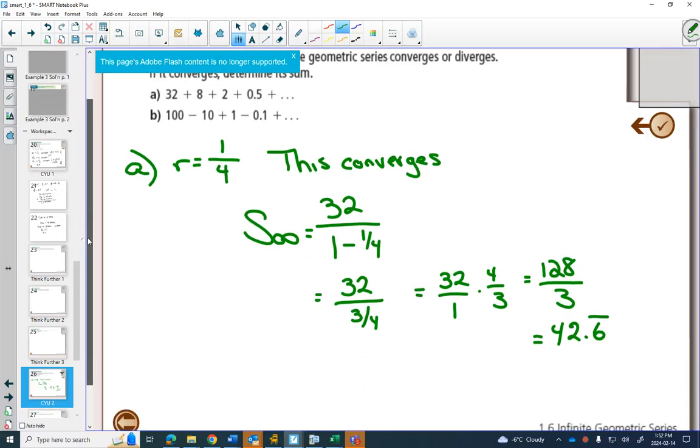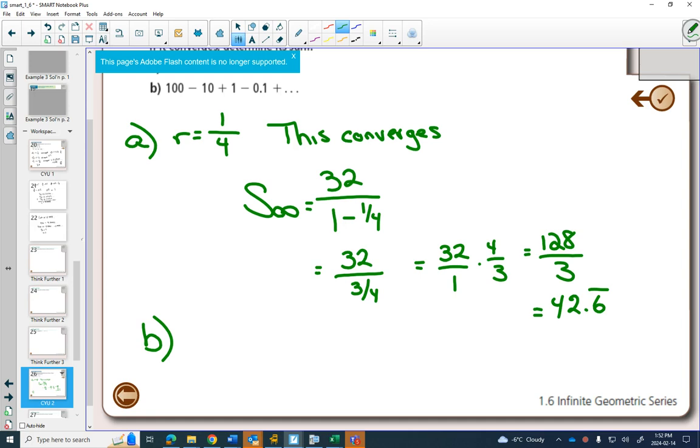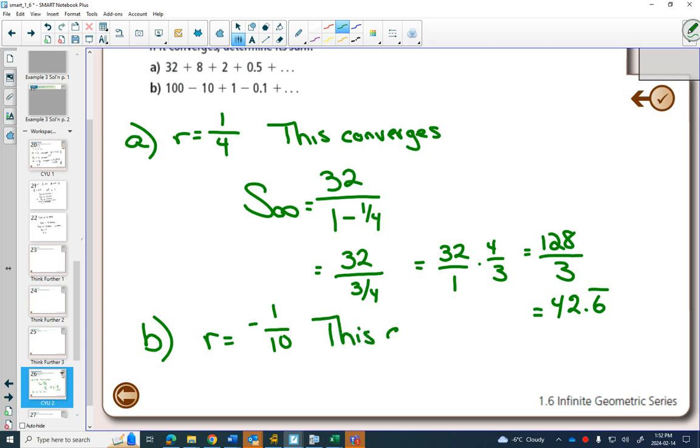For part B, if something is changing, positive, negative, that's telling you your r value is going to be negative. And it looks like we're dividing by 10, so that would make our r value negative 1/10. Oh, I think we did this one already, but maybe starting at a different number. So, if we add this up to infinity, our term 1 was 100 over 1 minus a negative 1/10.